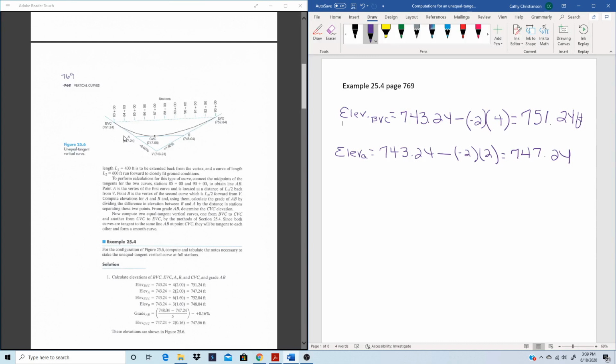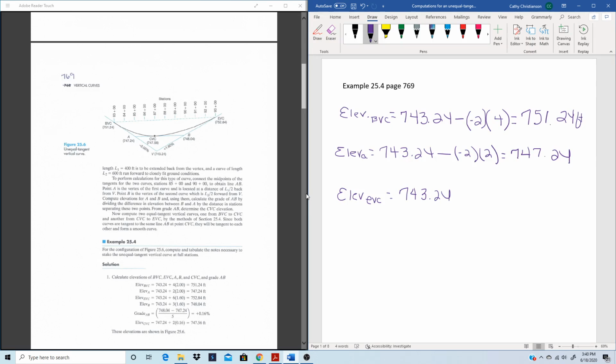So right now, we have just calculated the beginning vertical curve elevation. We've calculated the elevation of A, and now we're going to calculate the end elevation and then the elevation at B. So I'm going to put the elevation of V, 743.24.